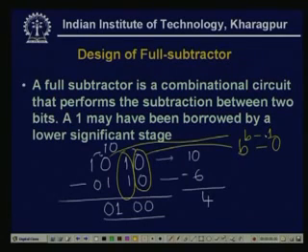So, this is the concept of the full subtractor, which is similar to our full adder, only the borrow is replaced by carry, or carry is replaced by borrow, whatever we call.